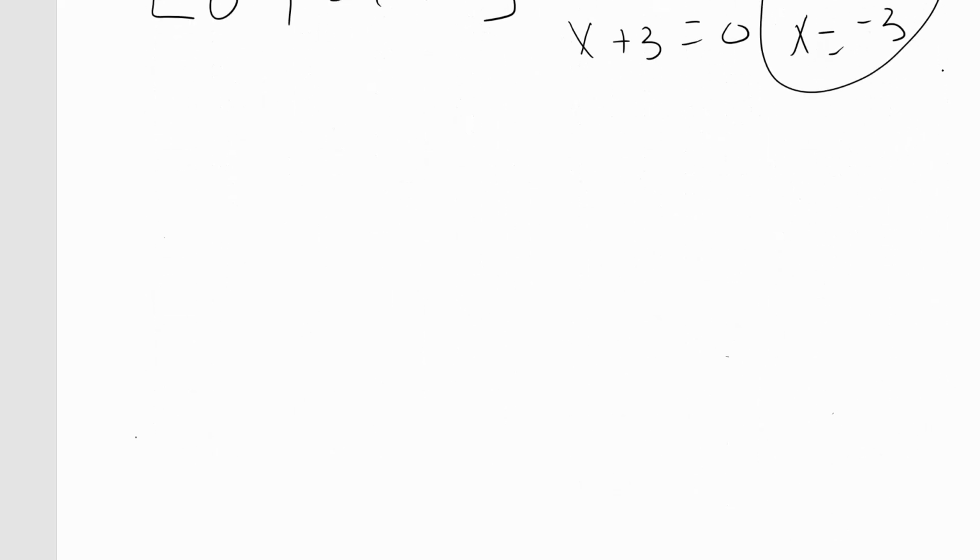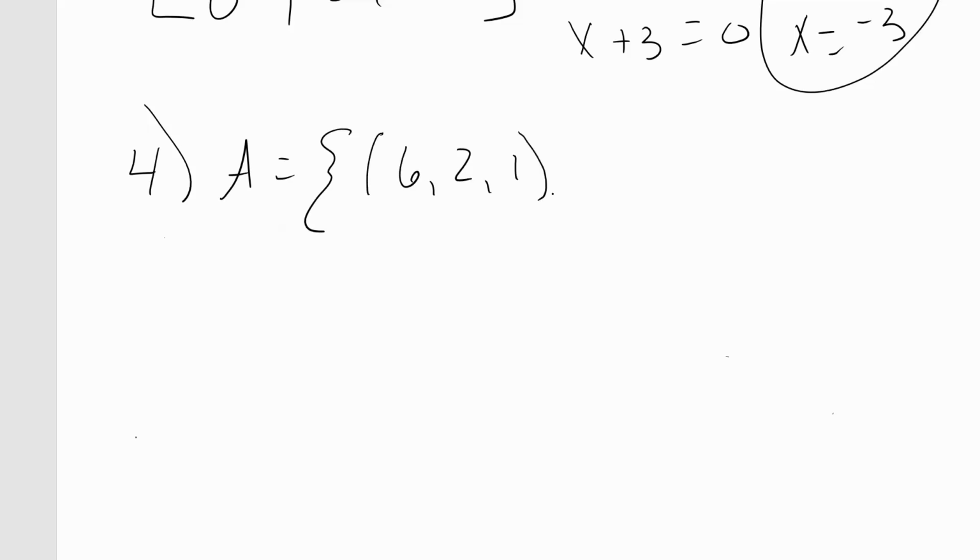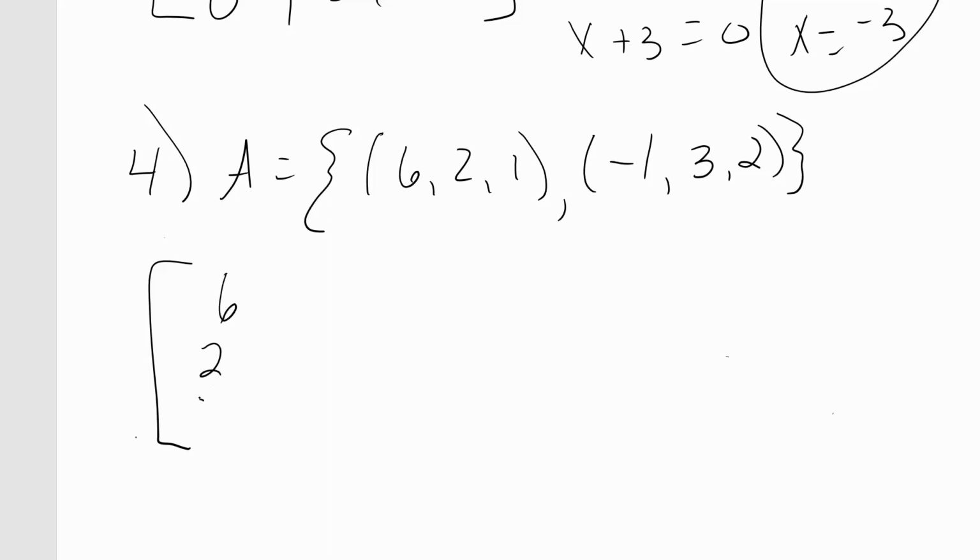All right, number 14. It has A as the set containing the ordered triples (6, 2, 1) and (-1, 3, 2). Would this be LD or LI? So put it into a matrix: (6, 2, 1) over (-1, 3, 2) next to (0, 0, 0).